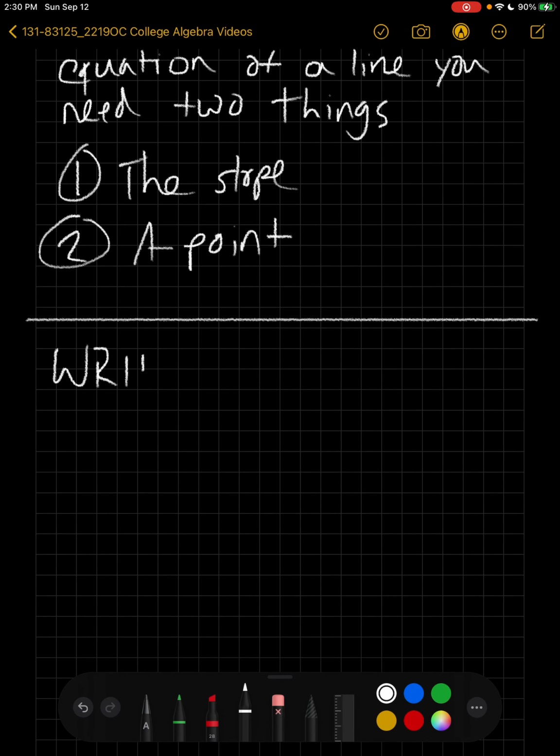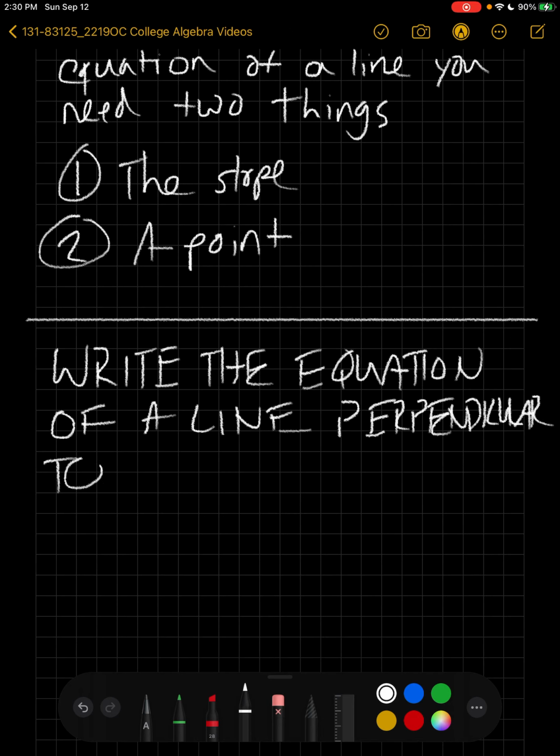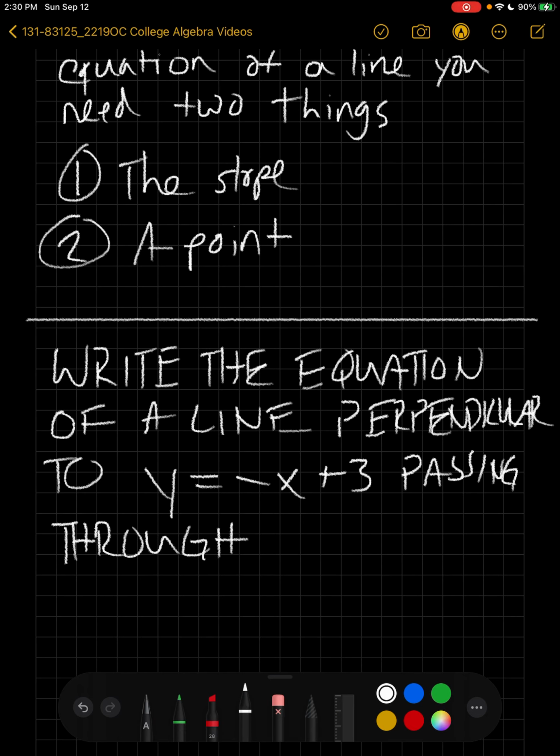I say, write the equation of a line perpendicular to y is equal to negative x plus 3 passing through negative 6, comma 10.